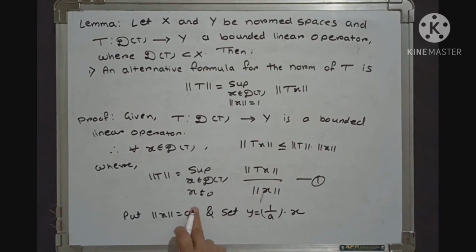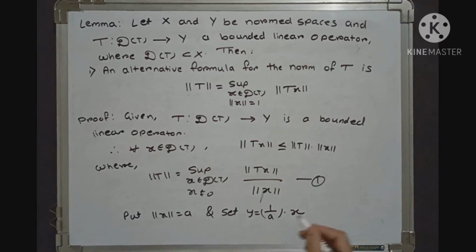Here we are taking x not equal to 0, and therefore the norm of x is also not equal to 0, and therefore a is not equal to 0, and we set y equal to 1 by a times x.